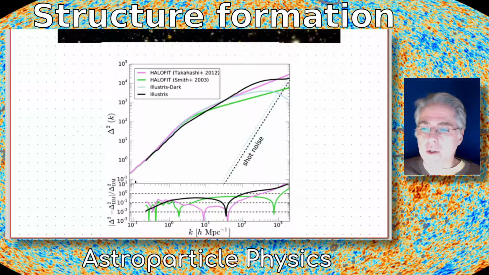So in this case, what you see is, let's compare the light blue line. That's the Illustris simulation that I was talking about, taking into account only dark matter. So there's no baryons, there's no stars, there's no galaxies forming. It's just dark matter contracting. And then you end up with a function of structure which at large values of k starts to turn down again, whereas baryonic components lead to the black curve.